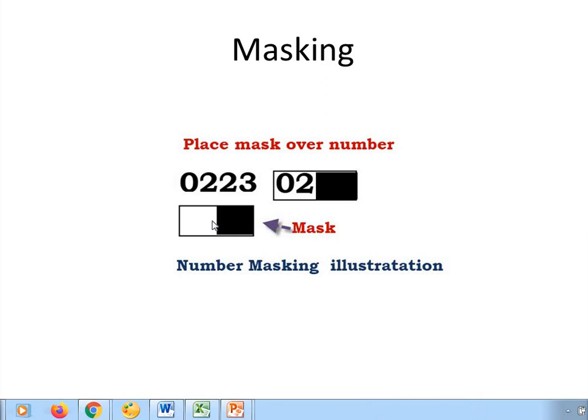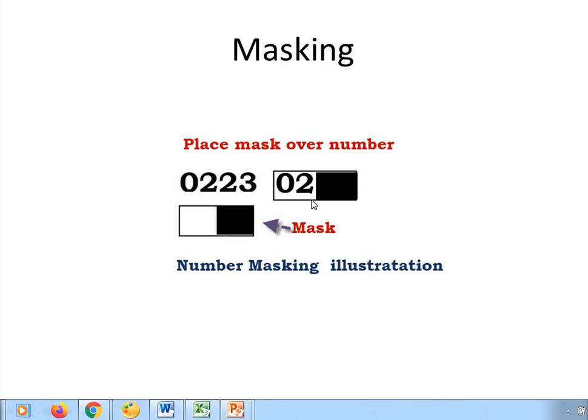You simply put it on this number, and you are able to see only 02. So you can identify that the lab number is 02 and 23rd is the atom number. So easily you can identify in which room that particular atom is.